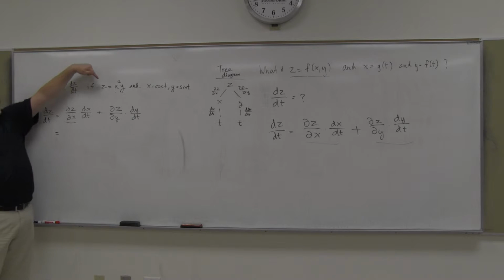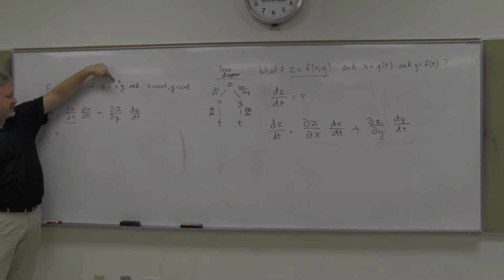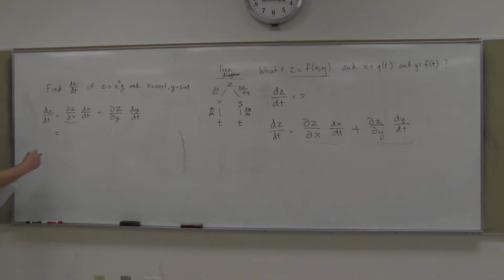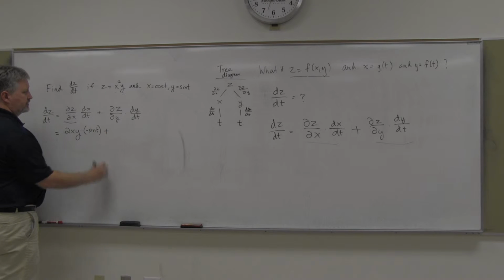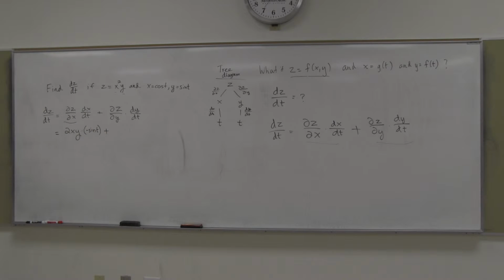But anyway, what's the partial of z with respect to x? Well, the y is fixed, so just doing the derivative of the x, that'd just be 2xy. And then the derivative of x with respect to t, negative sine t. So it's just pretty much doing what we know about derivatives.